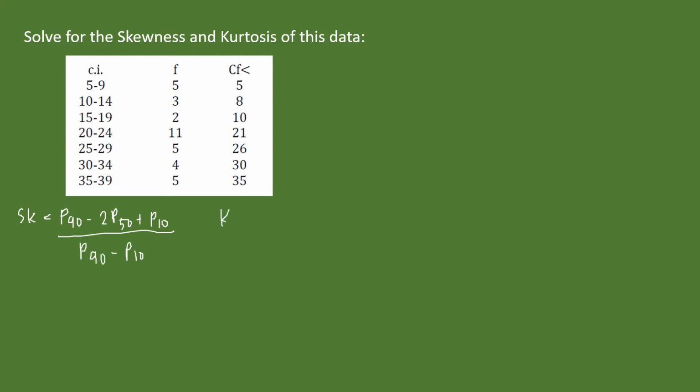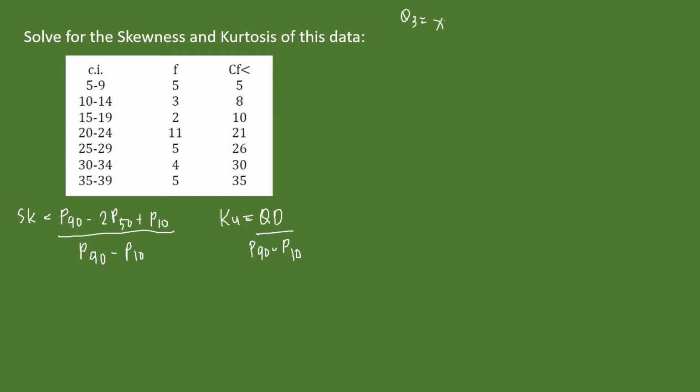And for the kurtosis, we'll have the formula QD over P90 minus P10. So we need to find Q3, Q1, P90, P50, and P10. Let's solve first for quartile 3.